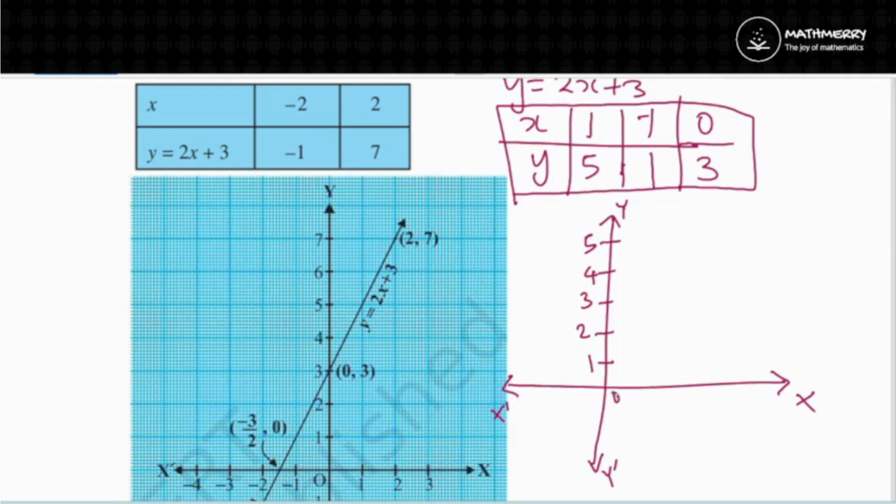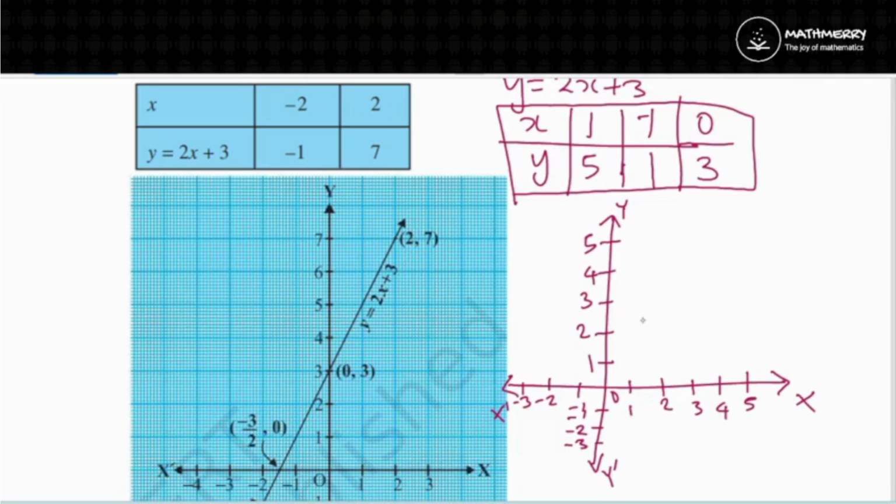Now this is our 0. Now 1, 2, 3, 4, 5. Here also -1, -2, -3, and -1, -2, and -3. So this is our graph.